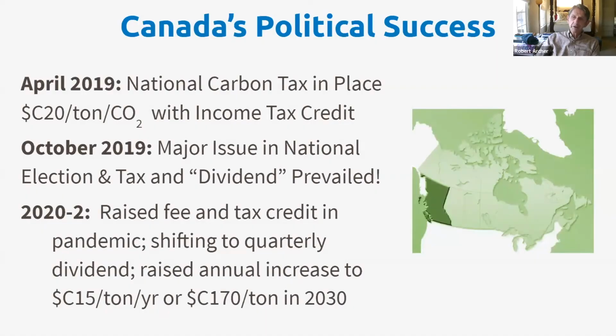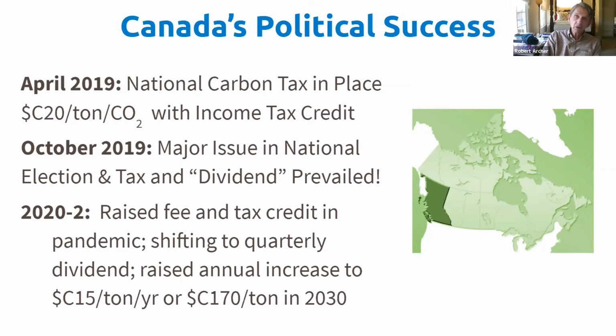In terms of the dividend and the policy overall, Canada's political success has been overlooked by environmentalist media, pundits, and our representatives, and it's a carbon tax success and refutes political scientists' claims that a carbon tax is politically impossible. Canada started with a carbon tax of about $20 a ton in April 2019, raising $10 a ton to about $50 a ton this year.